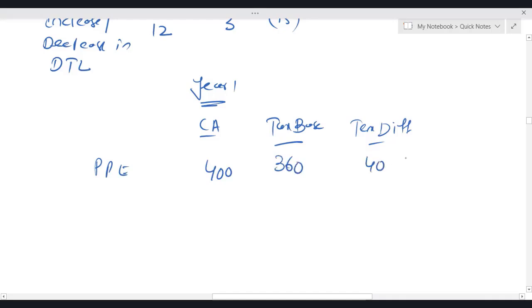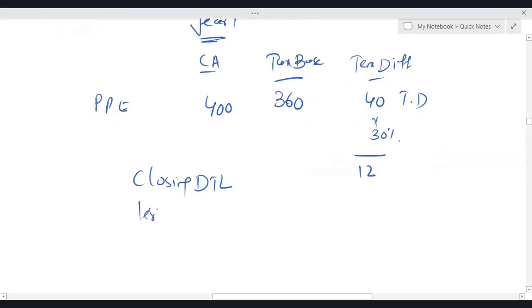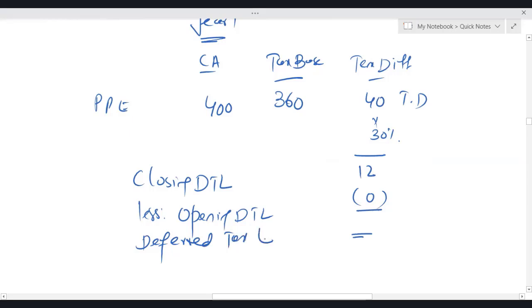So 40 is a taxable difference. Multiplied by tax rate, logically, this is your closing deferred tax liability. Less opening deferred tax liability, which we don't have. Then you get deferred tax expense of 12.